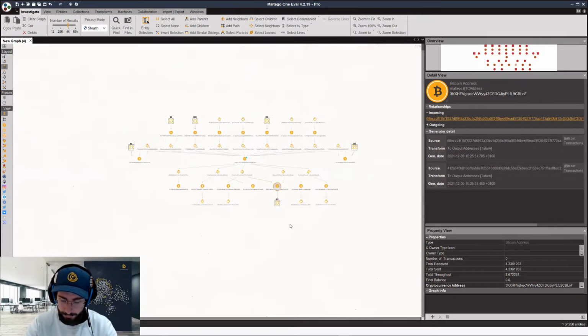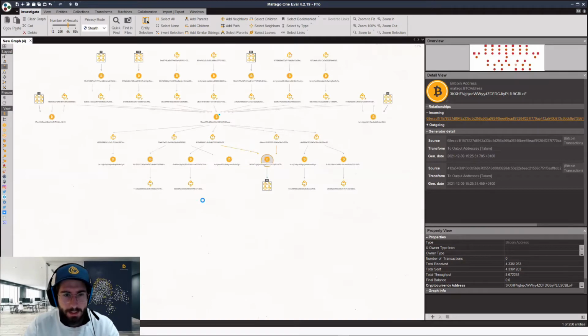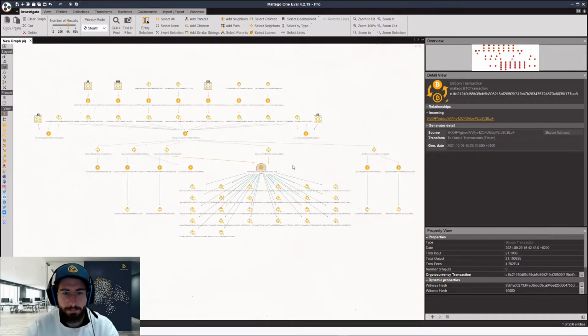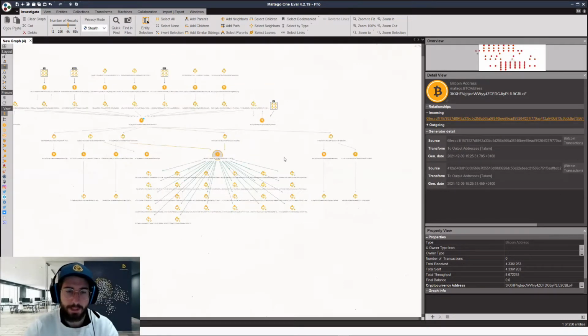So what we're going to want to do now is just separate all of these transactions and check what are the biggest transactions in all of this. To outline transactions in Maltego, we're going to use a custom view. Views in Maltego are a way to represent entities differently based on certain parameters.